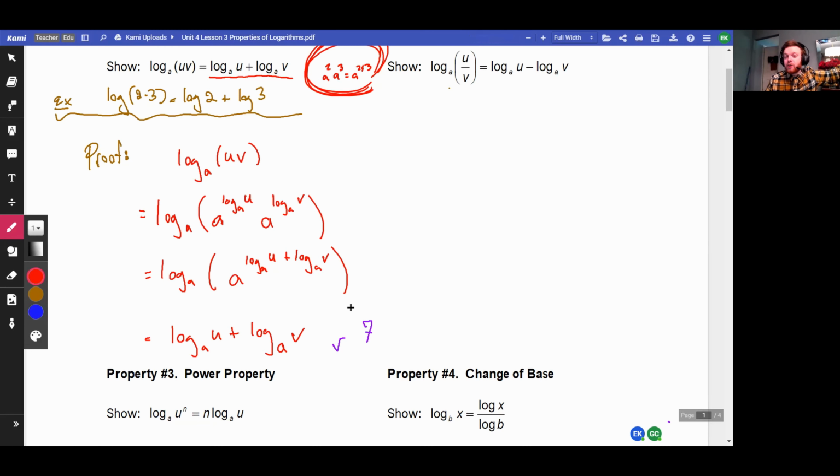Can you tell the difference between my U and my V? I can. Yes. What evil mathematician thought it would be good to use U's and V's together? I'm using U's and V's because it's been ingrained in my brain and my soul. I've done so much math with U's and V's at the same time. We do it a lot in vector math as well. But I've spent a lot of time trying to differentiate my U's and my V's. So hopefully, if at any point they're not distinguishable, scream at me. A lot of students like to do U's without the little tail. I like to put tails on both so that it's clear to me which one is which.